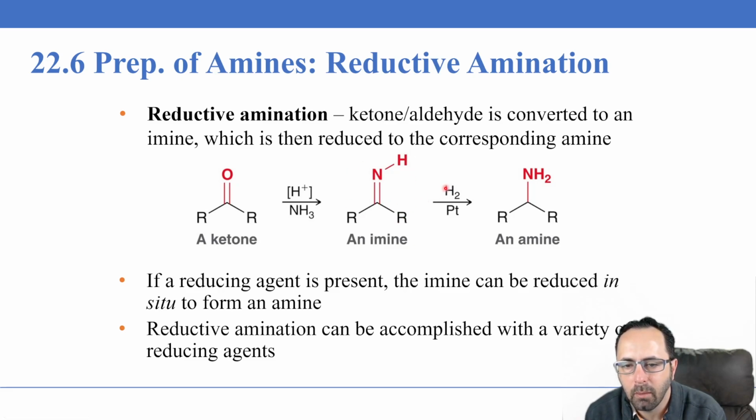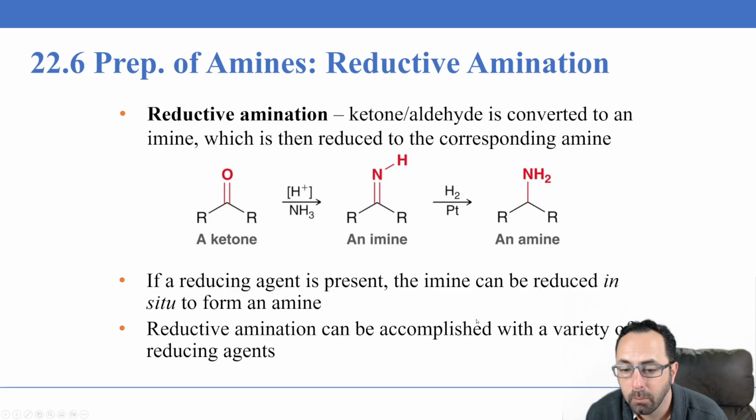That amine can then be reduced to give us the secondary amine, and so this will produce for us here a secondary amine. If the reducing agent is present, the amine can be reduced immediately. So if you have some reducing agent present, you can directly convert this amine into the amine.